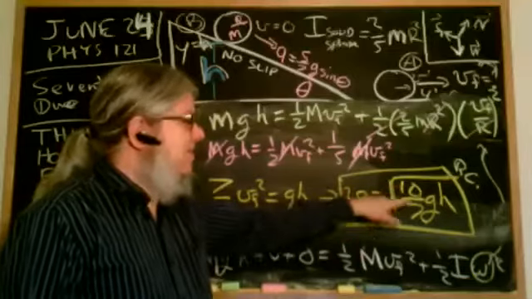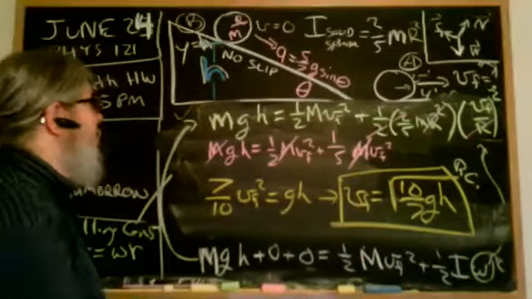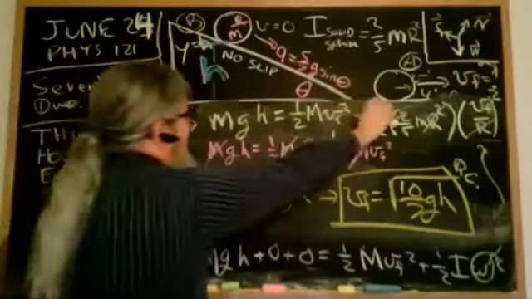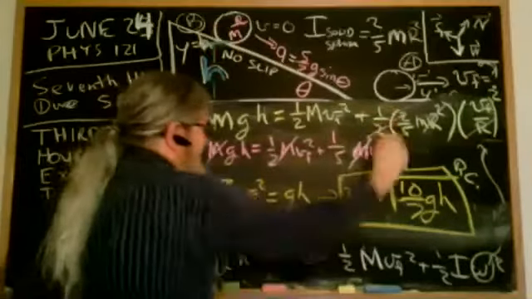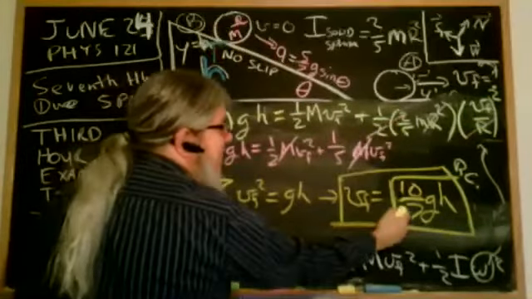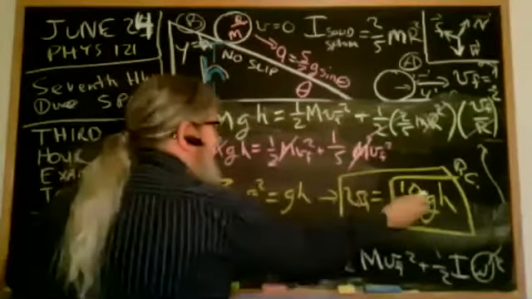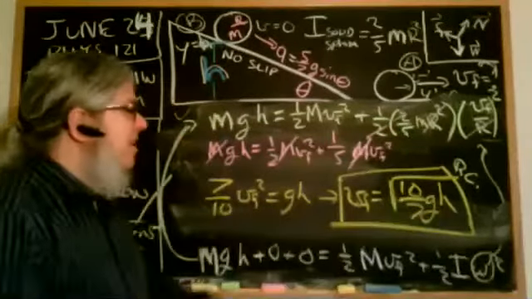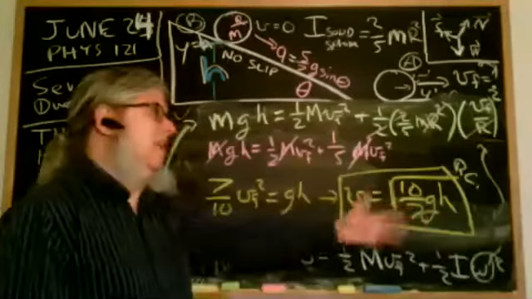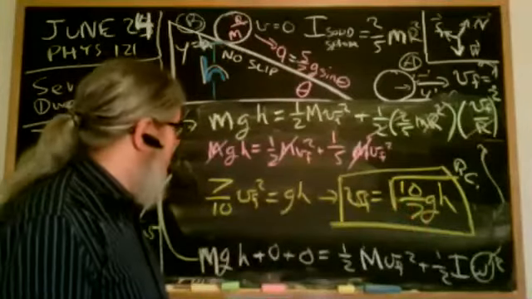Notice that this answer is similar to, but different from the answer if I had no friction and just something shooting down the ramp. The final velocity was equal to the square root of 2gh. So now the final velocity is less than that. It's 10/7, which is a number less than 2.